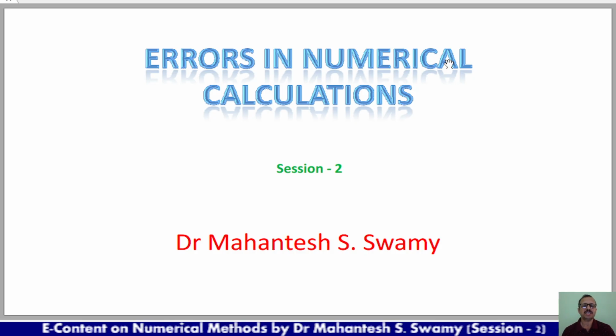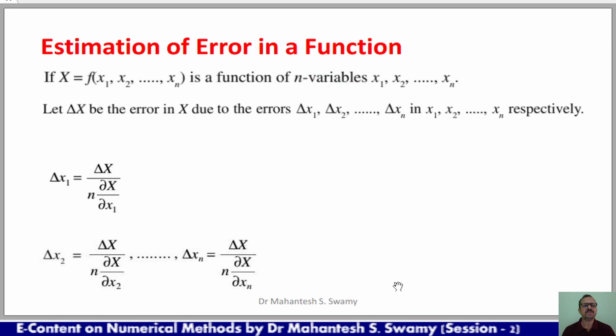Today, we shall discuss two important concepts, namely estimation of error in the evaluation of a function, and estimation of the error in approximating a given function with the help of Taylor series. So let us begin with the first topic, that is estimation of error in a function.